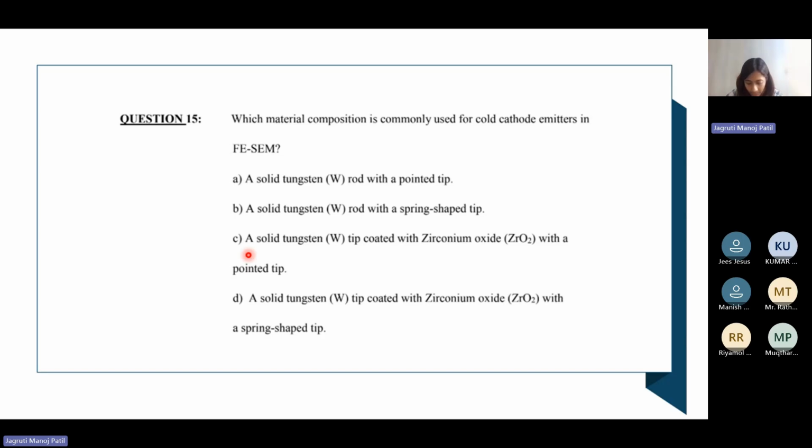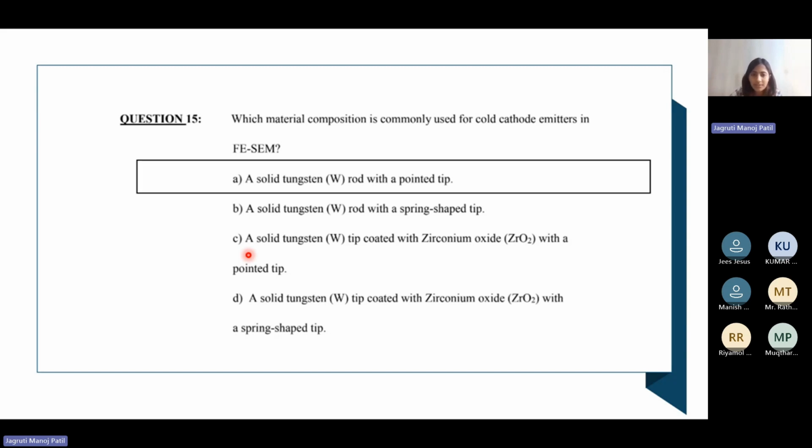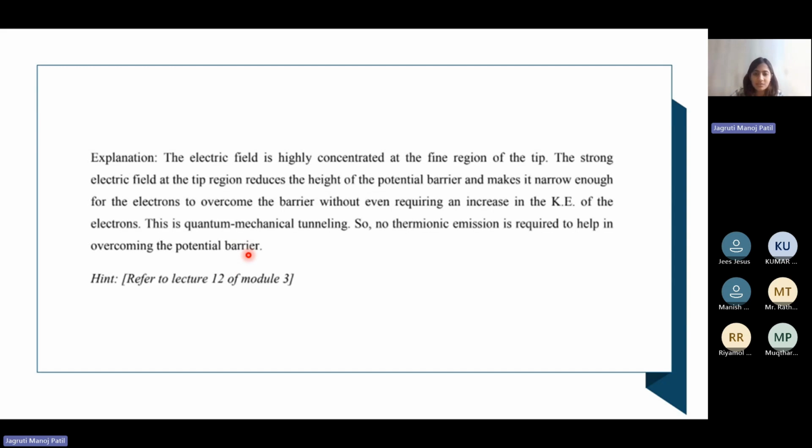It will probably depend on the system or manufacturer, but they are usually tungsten and have a pointed sharp tip, around 0.1 microns in diameter. We saw that in the slides, hence the answer is this one.